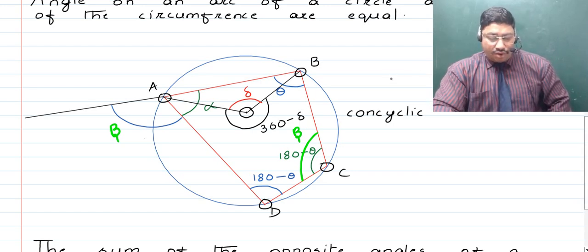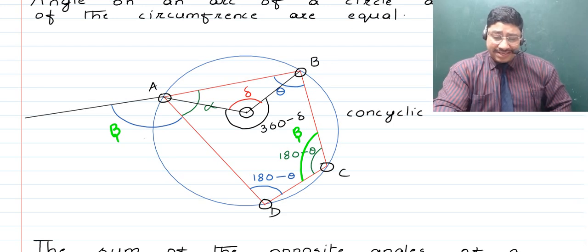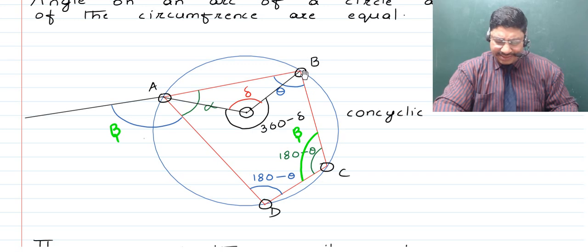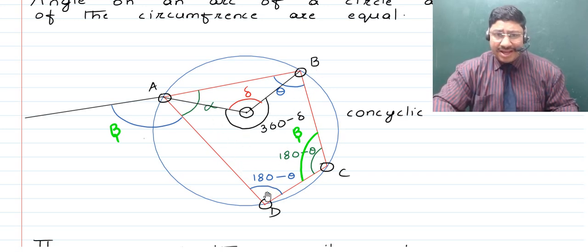Now if you talk about the segment of the circle for this angle, children, then here we can see that this angle being delta, the angle which is formed on the same segment of the circle at the circumference is going to be half of it, right?